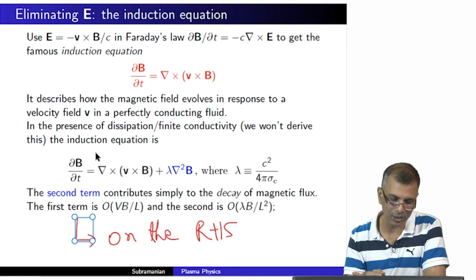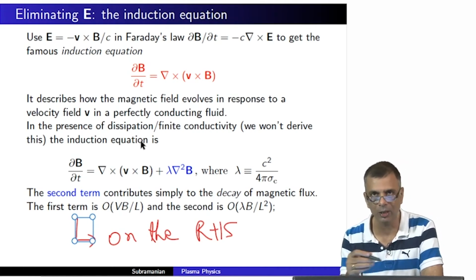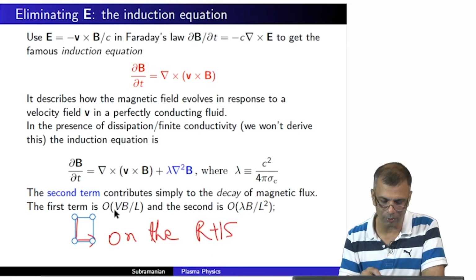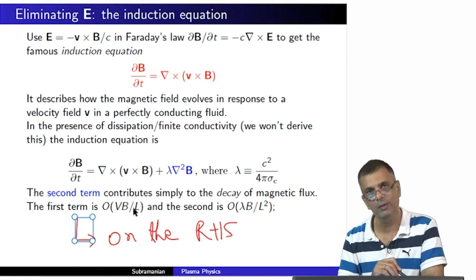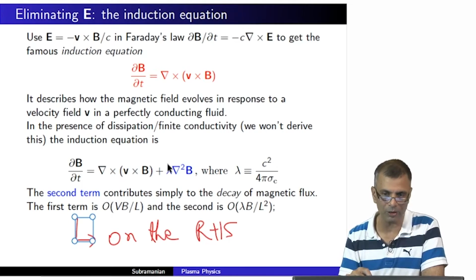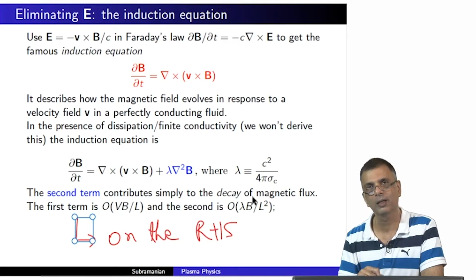So, it is a d over dx kind of thing, which can be approximated by 1 over L. So, this first term is order V B over L. The second term, we do not bother about the dimensions of lambda, we keep lambda as it is, and the B as it is, and since this is a del square, this would be something like a d square over dx square, and therefore, that is represented by L square here.